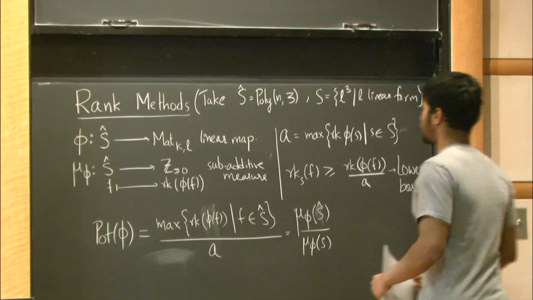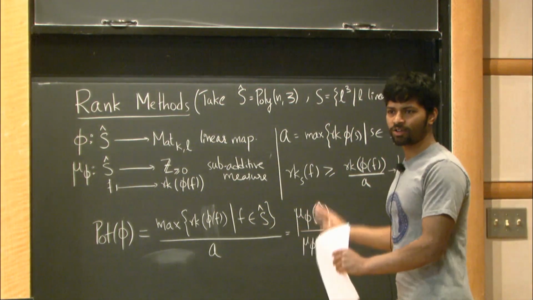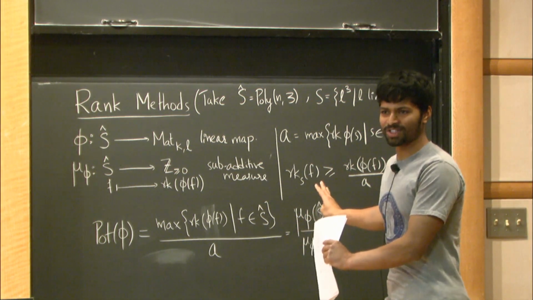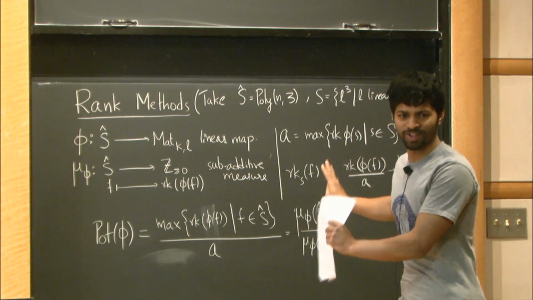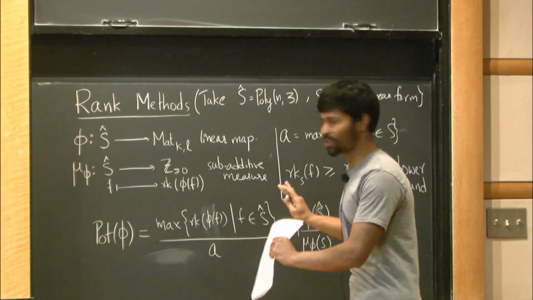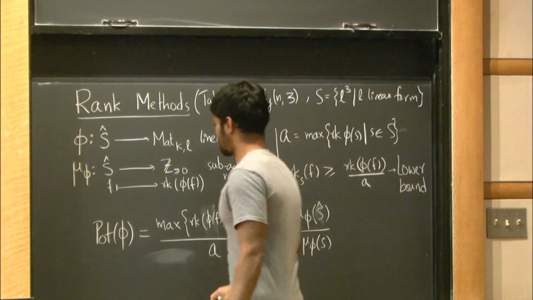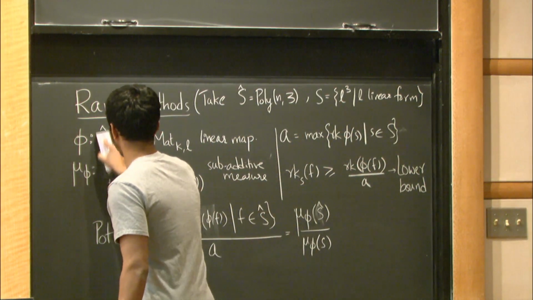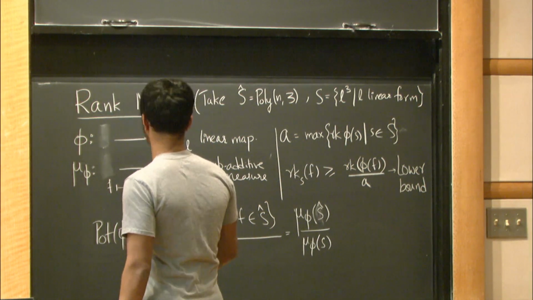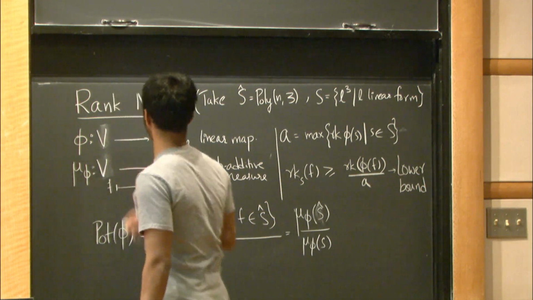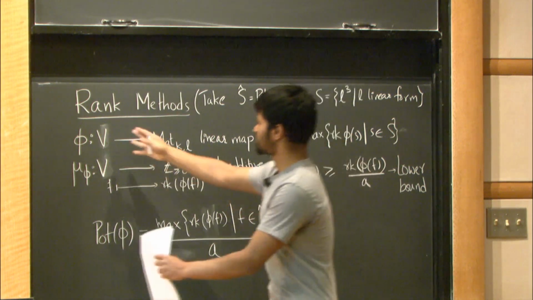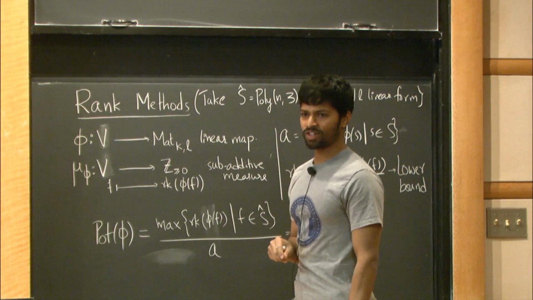Okay, so I'm going to explain this slowly. I only wrote this up in advance because I want to leave this board for the rest of the talk. It's not that I want to go over it quickly. So now that we've made something without loss of generality V, I will do V. So you have some space like polynomials or tensors or whatever.